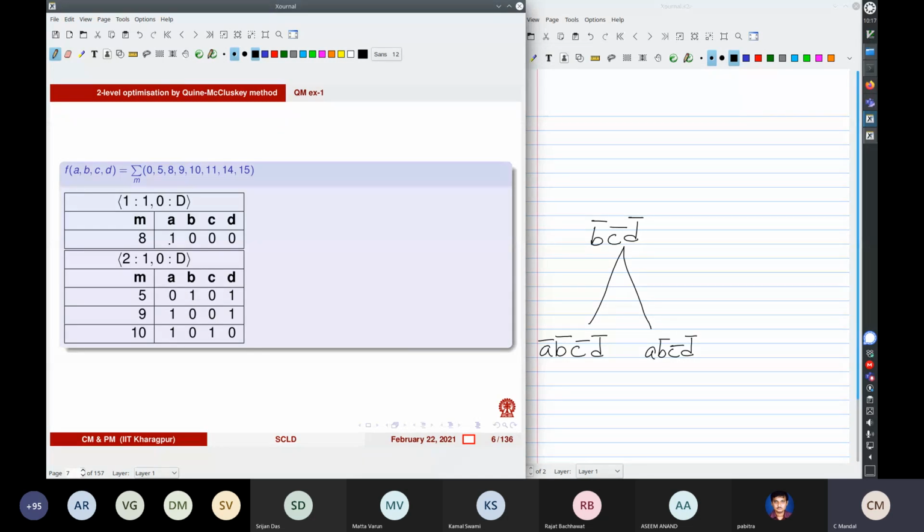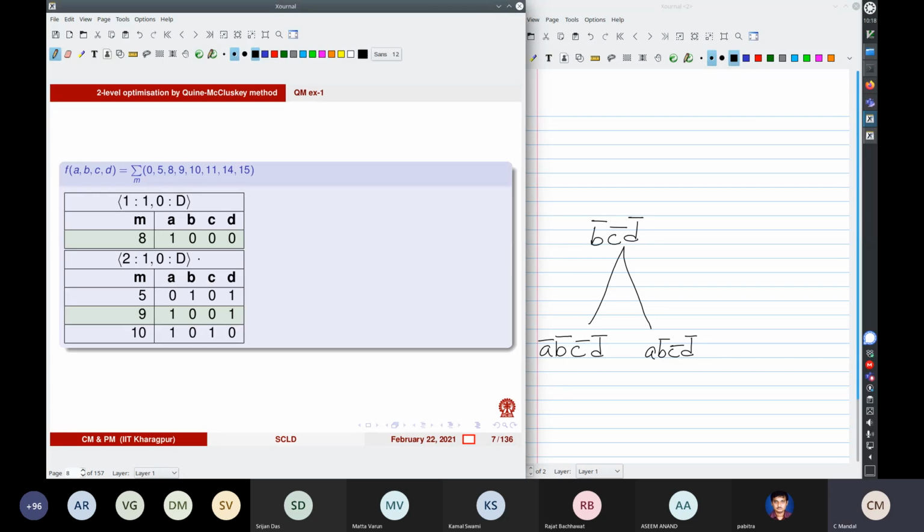If you want to find cubes that are adjacent to this, you have already considered all zeros. So the next thing we do is consider cubes with 2 number of ones. Those cubes are 5, 9, and 10.